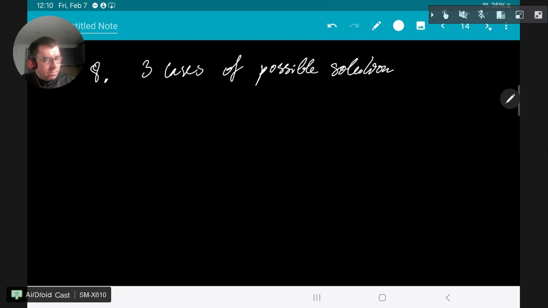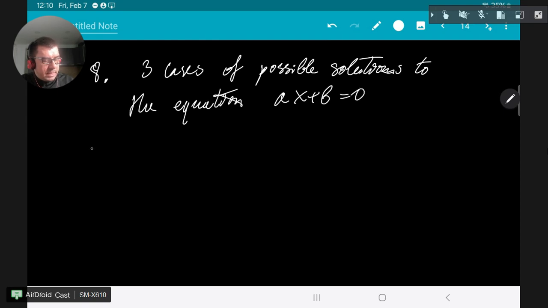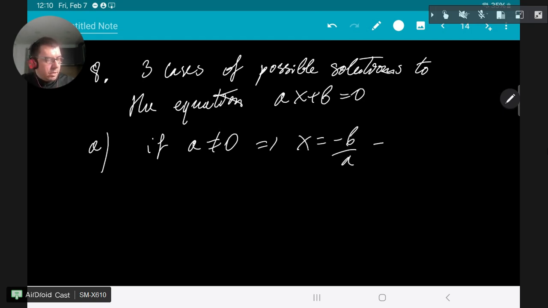So let's call it 3 cases of possible solutions to the equation ax plus b equals 0. So the first case is if a is different from 0, what we discussed, x equals minus b over a, it's one root. Okay, only one root here if a is different from 0.